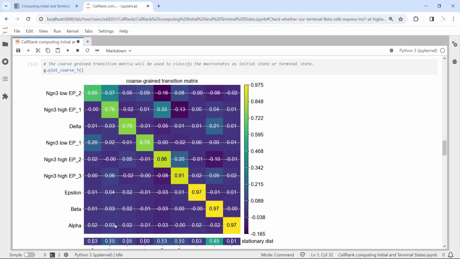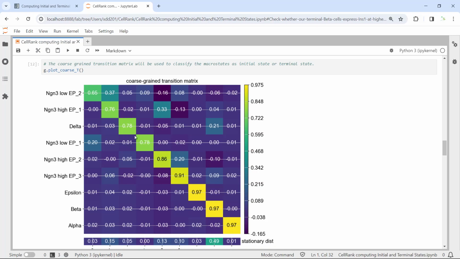We can see high values for epsilon, beta, and alpha cells. So they are in the terminal state. And the NGN3 low expression progenitors subpopulation 1 could be the initial state to give rise to epsilon, beta, and alpha cells.